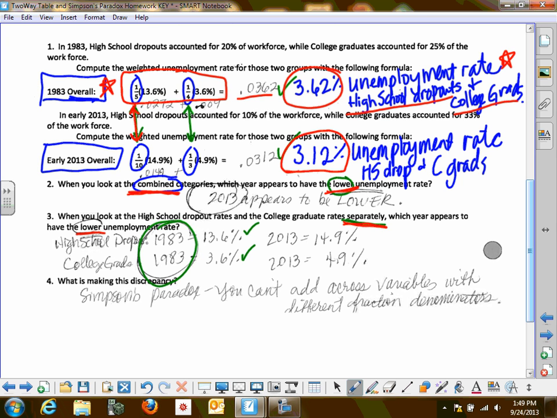What percent of high school dropouts were there in 1983? In 1983, what percent? 20%, 1/5, versus 1/10 in 2013. So, do you see this is weighted differently than this? That's what's making the sum skewed in a different way.